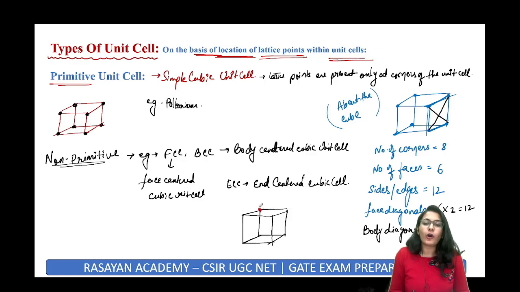Taking the exact opposite point. This point and this point over here is going to make one body diagonal like this. This point and the exact opposite point is going to make another body diagonal. Then this point and this point, they are going to make another body diagonal.